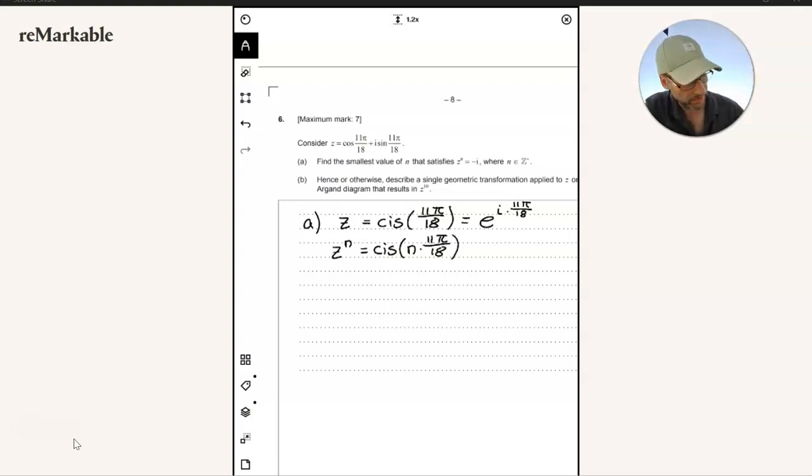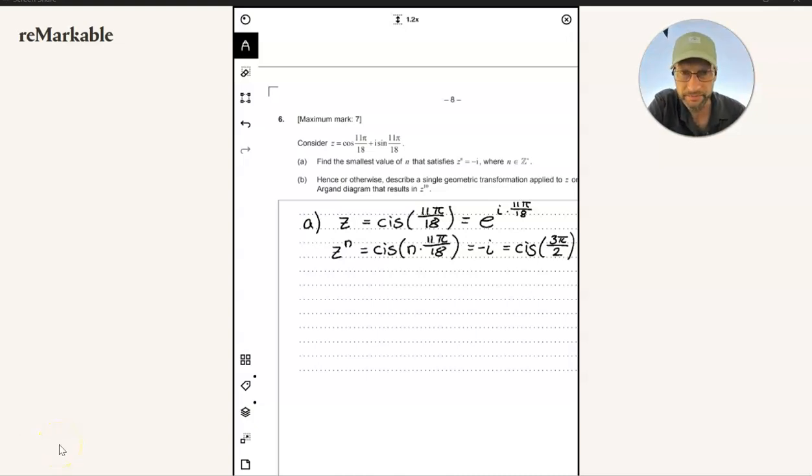And we want that to be equal to minus i, which we also know is equal to cis of, let's see, minus i. So that's 3 pi over 4. No, wait a minute, not over 4, but 2.